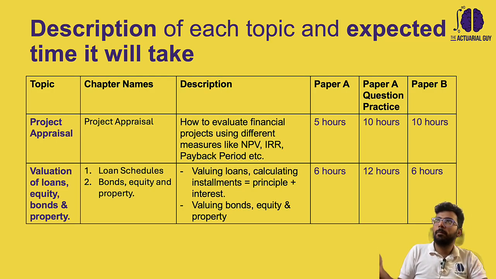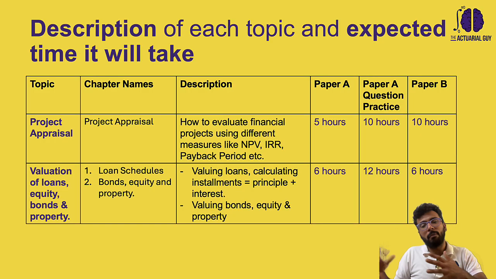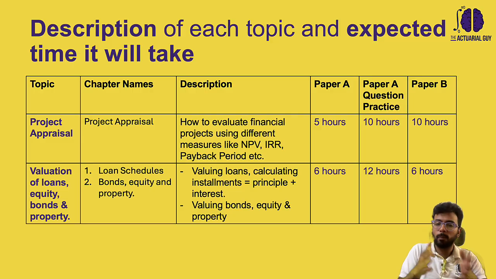Property means a real estate asset, right? Bonds are basically loans which are taken by governments or corporates, that is companies, but in the form of small units, right? So these different kinds of assets we learn to value in this unit, where there are two chapters. One is on loan schedules, the other one is bonds, equity and property.